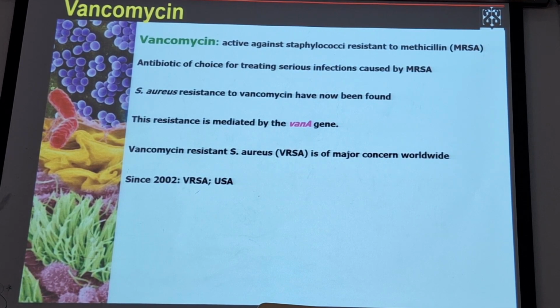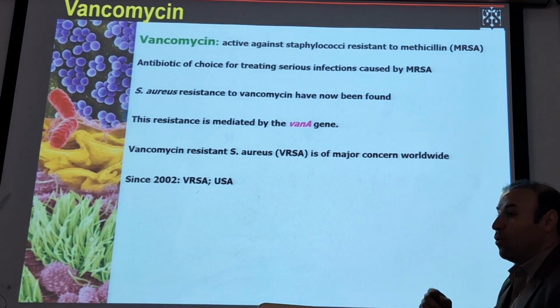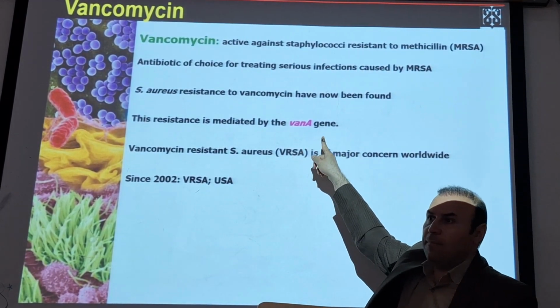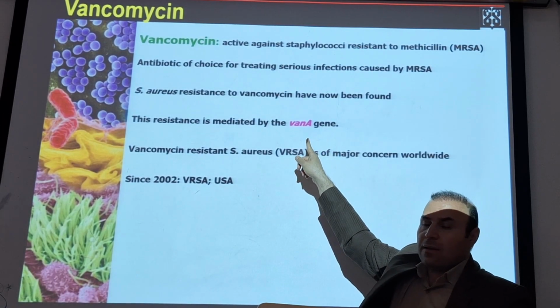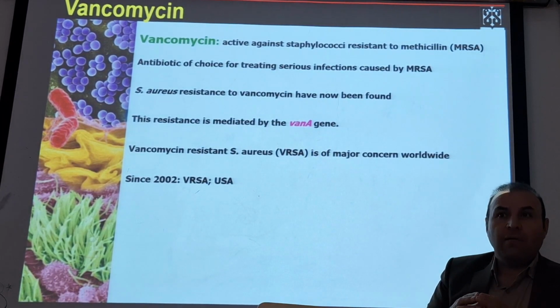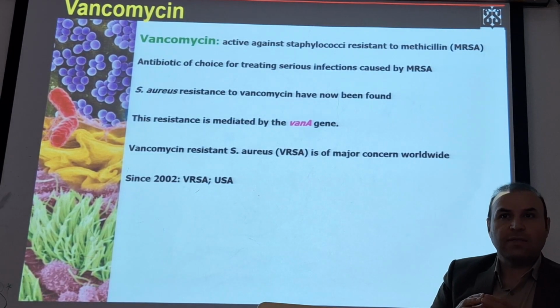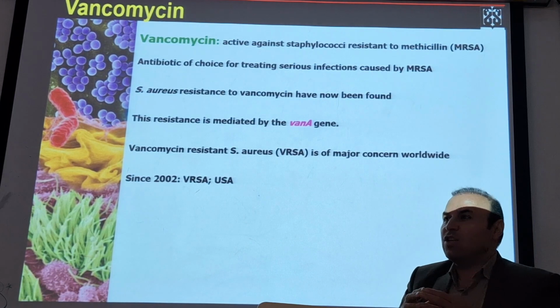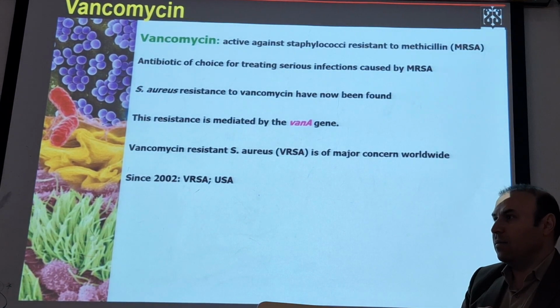Unfortunately, Staphylococcus aureus is now resistant to these antibiotics, and resistance to vancomycin is mediated by the vanA gene. VRSA, or vancomycin resistant Staphylococcus aureus, is a major concern for clinicians.